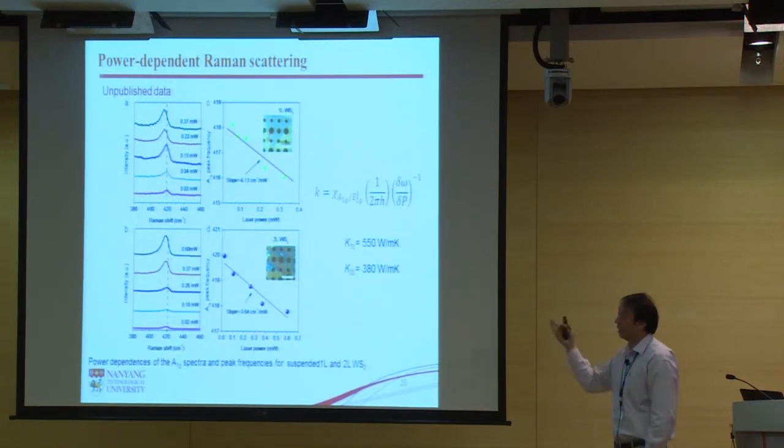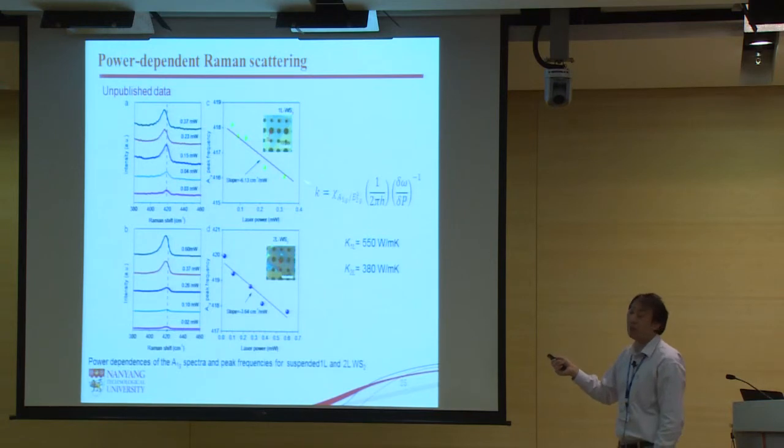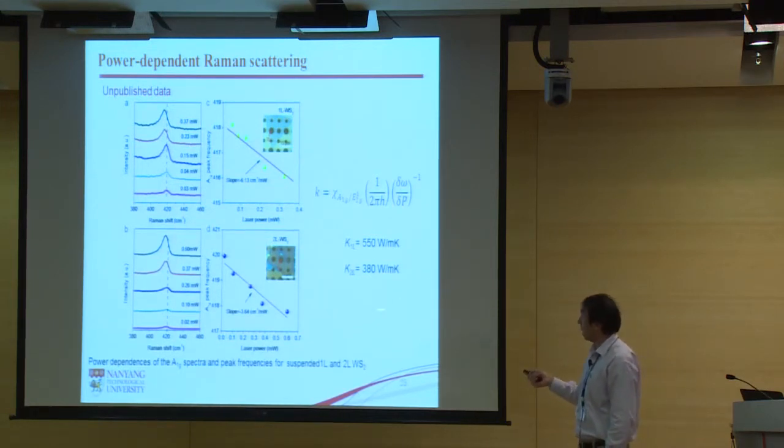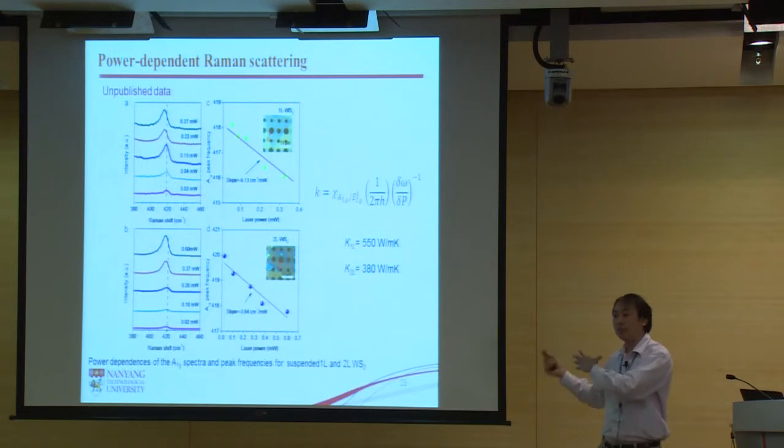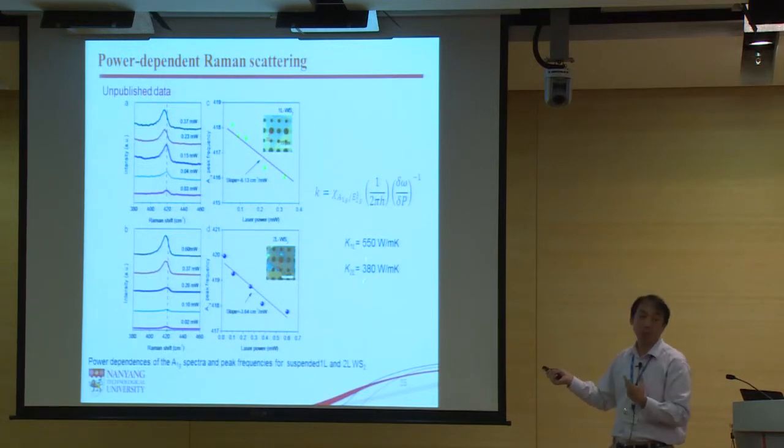Quite typically, we can fit our data by using this formula. Since we have the first order thermal coefficient already, we can derive the thermal conductivity. And if we believe this group of data, this shows the tungsten disulfide is superior to the molybdenum disulfide, because the thermal conductivity from the previous literature is one order smaller than that.